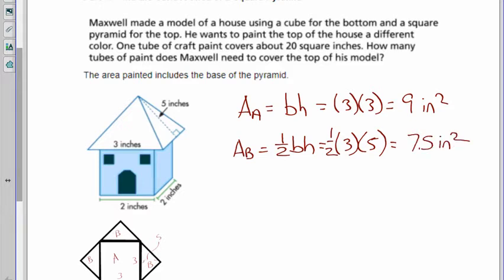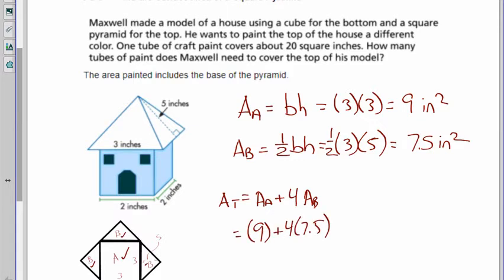And so my area total is area of shape A, and then 4 groups of shape B, just like that, and like that, and like that. And I get 39 inches squared. That's how much paint I need, and each tube is 20 square inches.